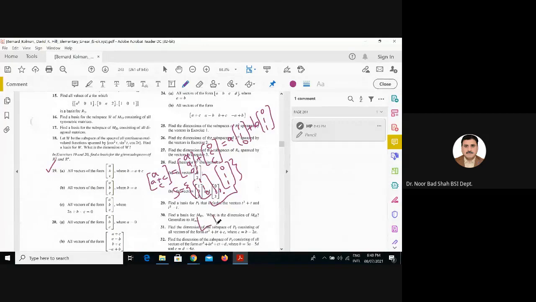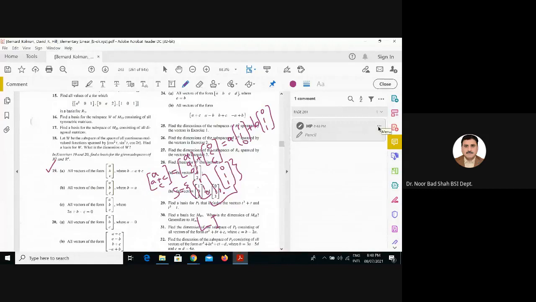You directly say these vectors are not multiple of each other, so they are independent. Therefore, this set forms basis and its dimension is 2. Right? I explained this in the class. Okay.